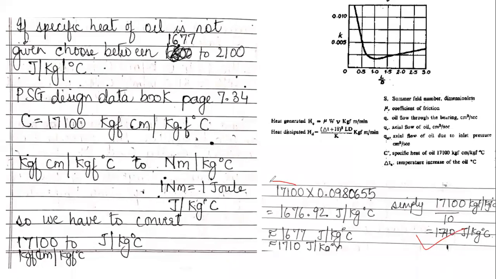If you do not want to do the full conversion from kgf centimeter per kgf degree C to joule per kg degree C, I have already shown how the conversion is done. If you don't want to do it fully, simply divide by 10 and you will get the answer. None of the books has very clearly and very nicely explained the whole conversion like I have done over here, and I have done this only so that you all can understand and solve the numericals of Mackey's equation very nicely.